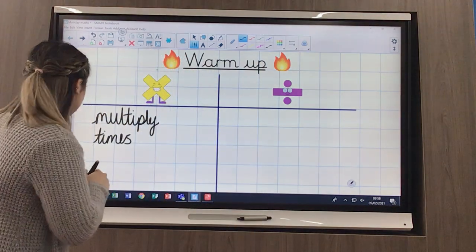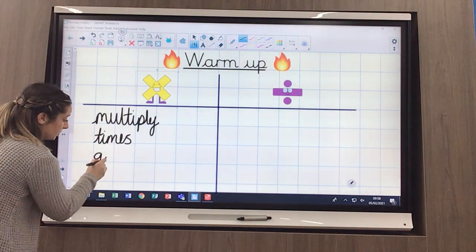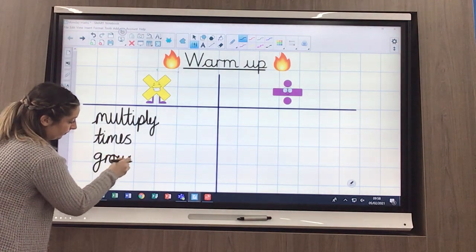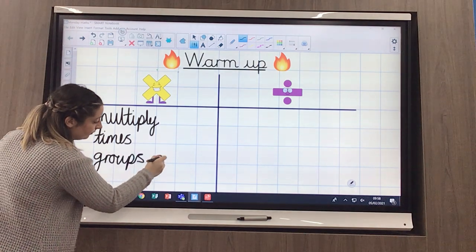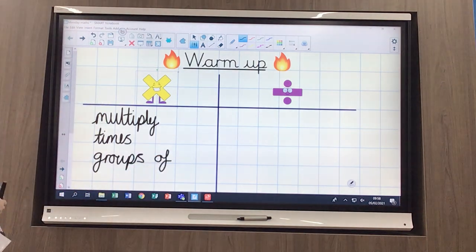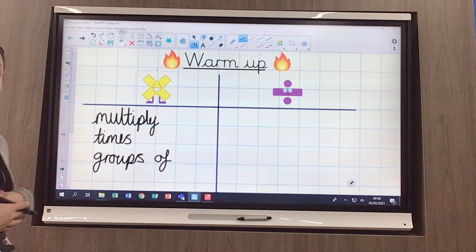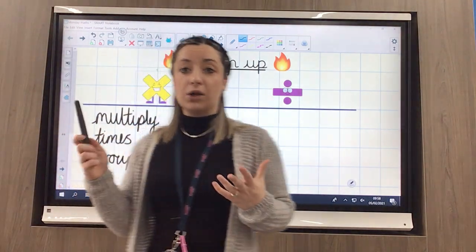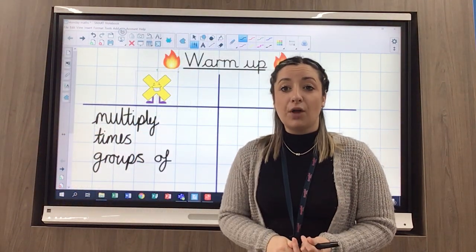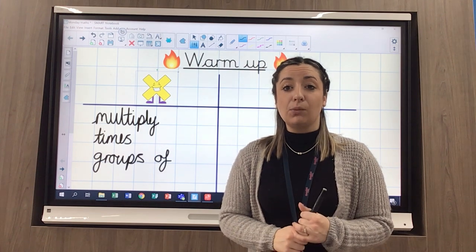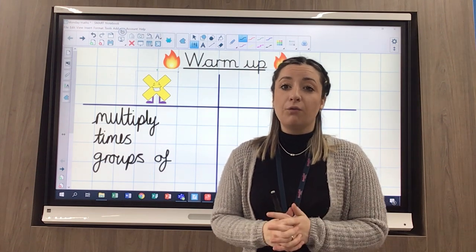So groups of is another one that we could use. So we've got groups of as well. Okay, so well done if any of you thought of any other ones at home that we haven't put on the board today. So that's really good so that you know your maths vocabulary for times.